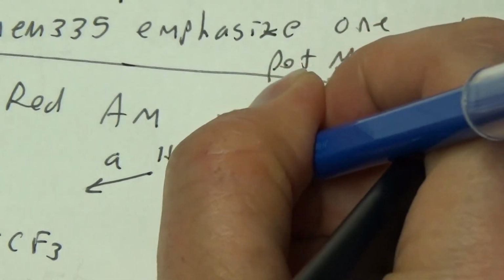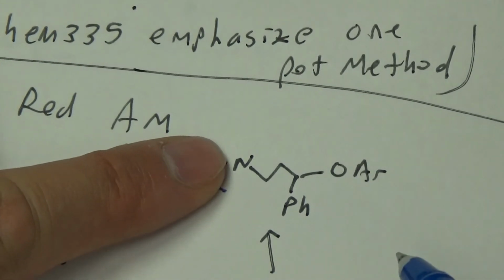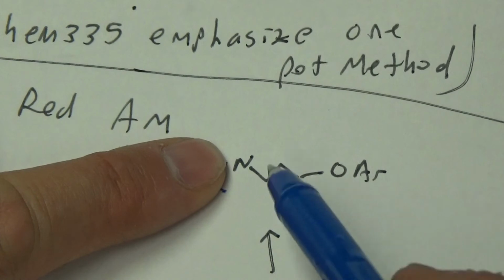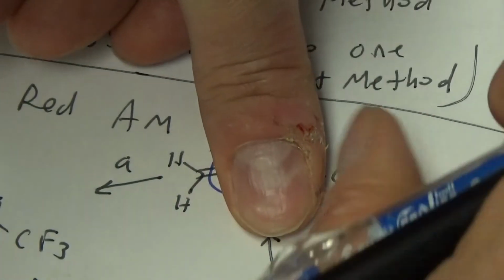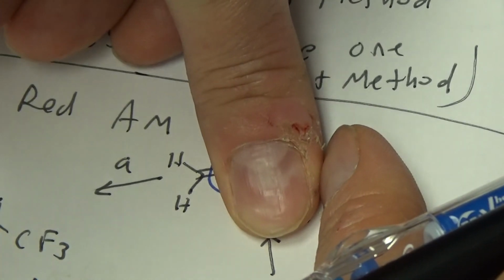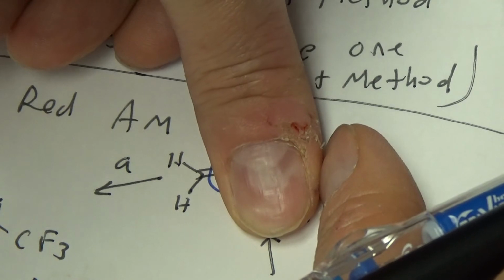Alright, so we're going to have a right side piece, which is the amine, right? We're going to have a left side piece, which is a ketone or aldehyde, right, with how many carbons? One carbon. So it's going to be a very simple one carbon aldehyde.